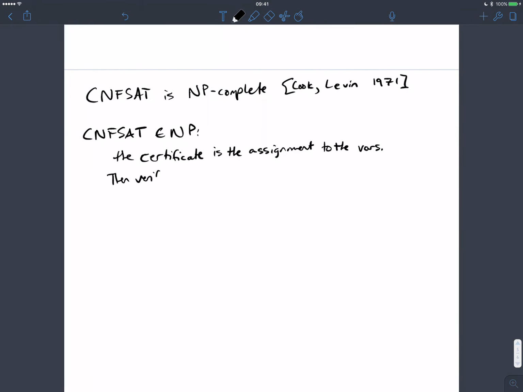Then verify if the formula is satisfied by this assignment.